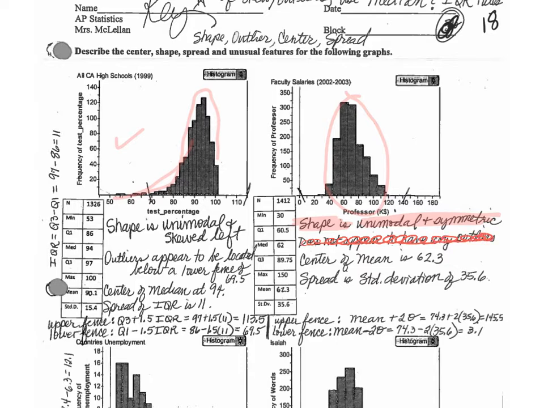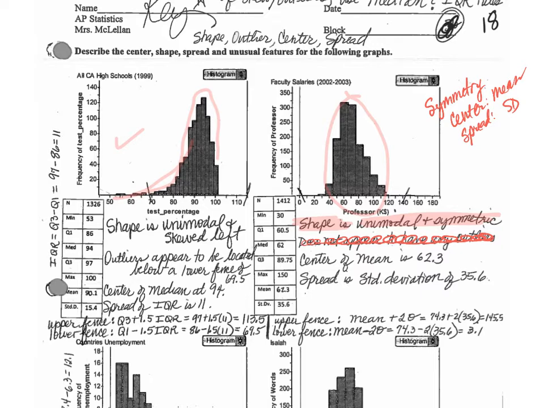Because you have symmetry, the measure of center that you should choose to use is mean, and the measure of spread that you should choose is standard deviation. Symmetry, standard deviation, and mean.